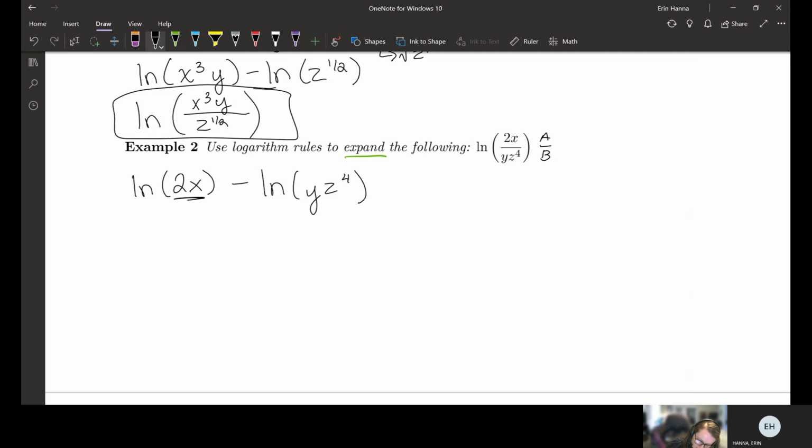I can break up this first piece as the natural log of 2 plus the natural log of x. Let's do one step at a time. It was 2 times x, so we could break it up in terms of addition.